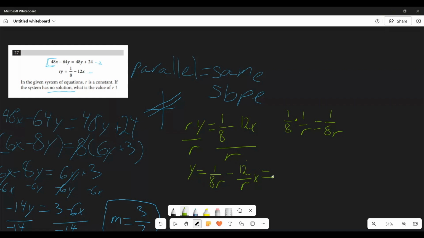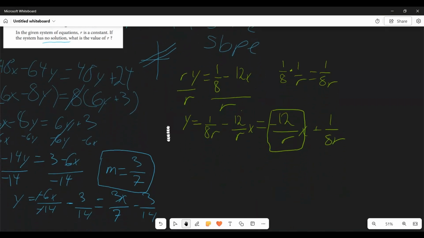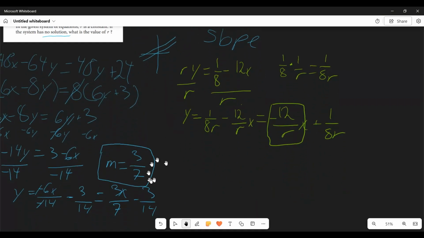So this we can rewrite into slope-intercept form, and it kind of already is, by saying minus 12 over r x plus 1 over 8r, right? So now we know that this term is our slope. And remember, these lines are parallel. So this term right here is going to be the same as this term right here.